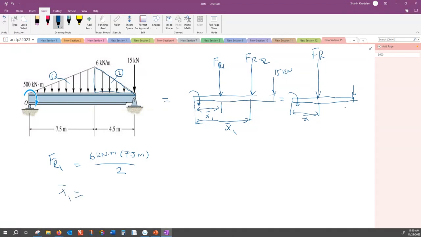X bar 1 is the centroid of this triangle with respect to x equal to 0. This is my x-axis, and this is where x equal to 0. So X bar 1, that is 2/3 from the apex. 2/3 of 7.5 is what? 5 meter, right?